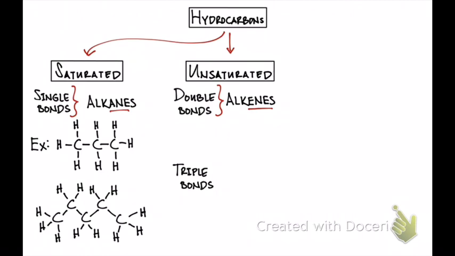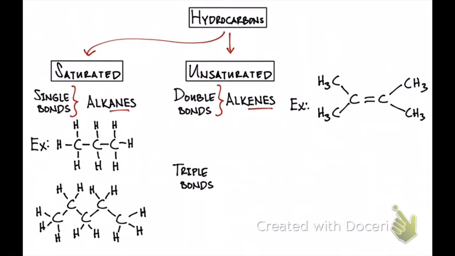Okay, so that means that the chemical names of all alkenes will end in ene. An example is this one right here. You have two carbon atoms with a double bond. So this is a perfect example of an alkene. And this compound is called dimethylbutene. So it ends in ene.